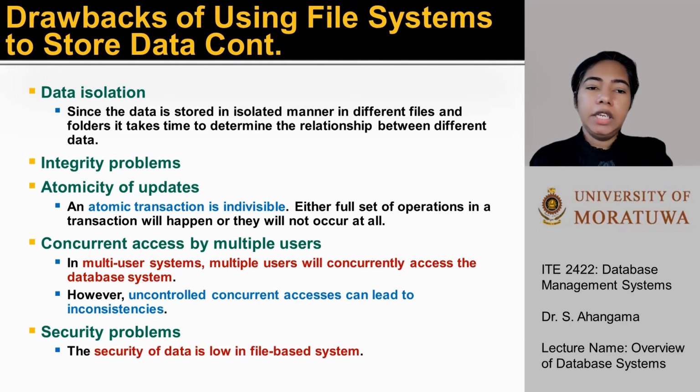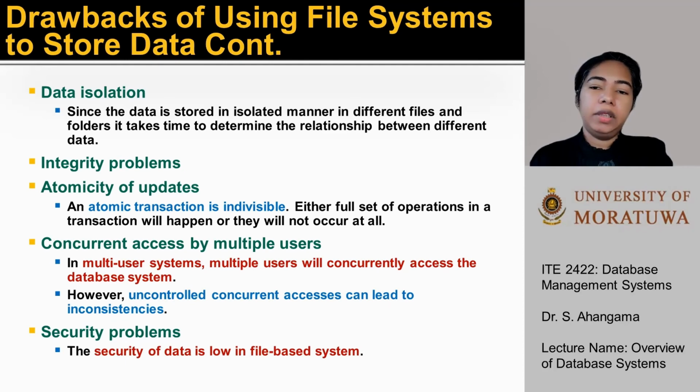Then we get integrity problems. In a file-based system, integrity constraints need to be handled in the program code. It would be hard to add new constraints or change existing ones as the program code needs to be modified. Atomicity of updates. An atomic transaction is indivisible. Either the full set of operations in a transaction will happen or they will not occur at all.